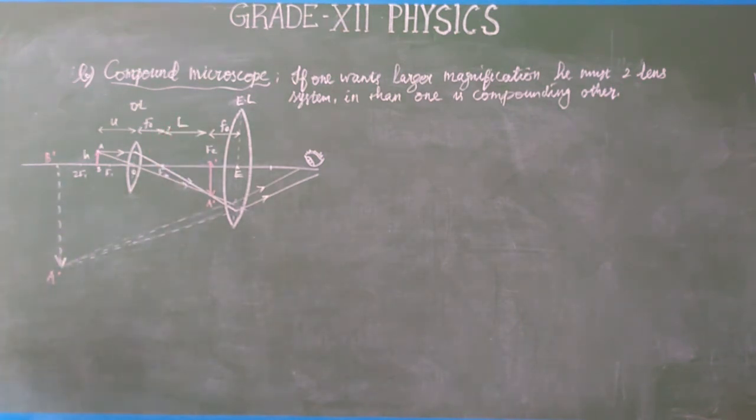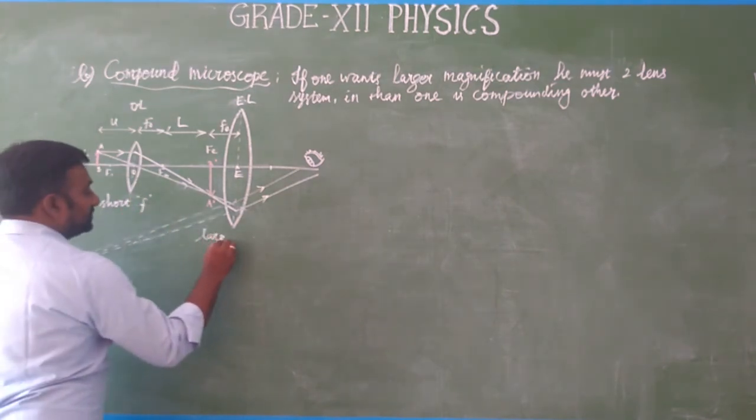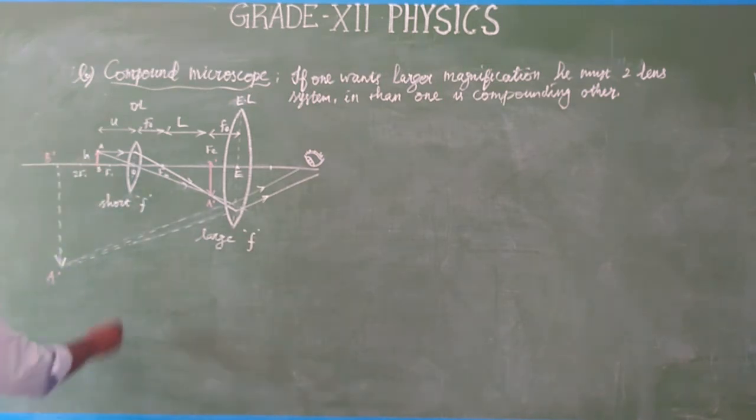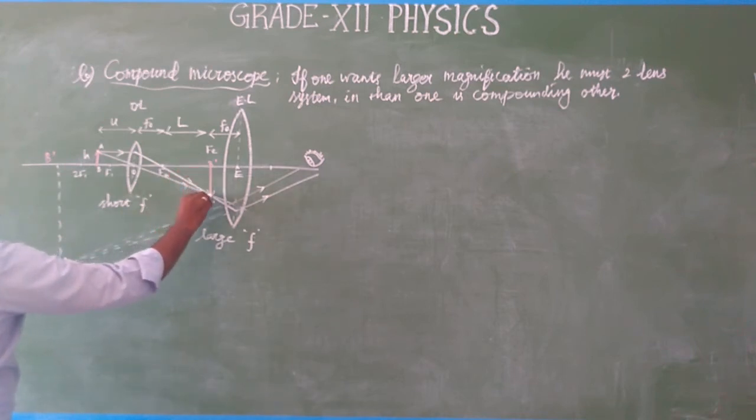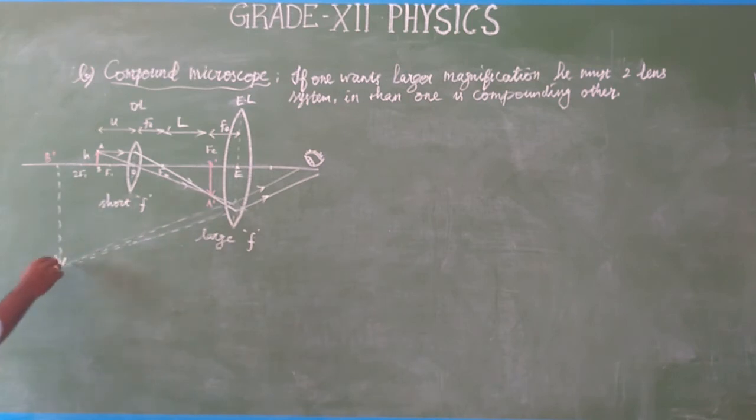I repeat once again, we have a two lens system to get larger magnification. The first lens is the objective lens, and the second lens is the eye lens. The objective lens has a short focal length, and the eye lens is taken with a large focal length. The objective lens forms an enlarged image, which serves as the object for the eye lens, and the final image obtained is a virtual, enlarged image.